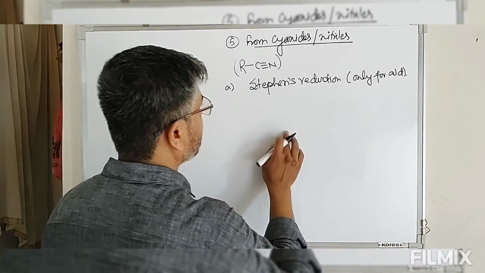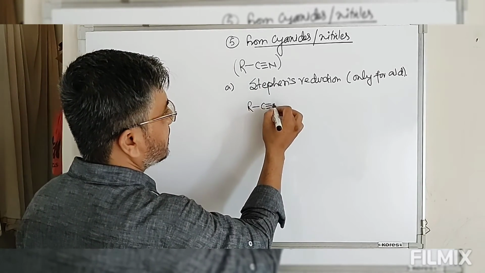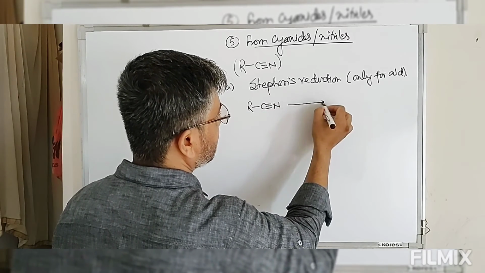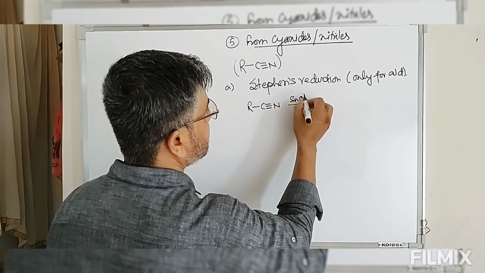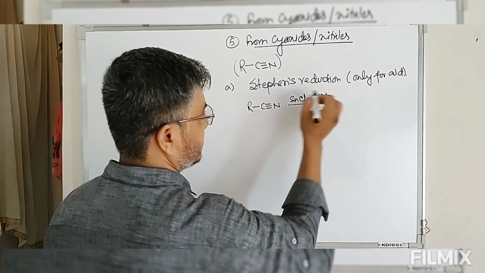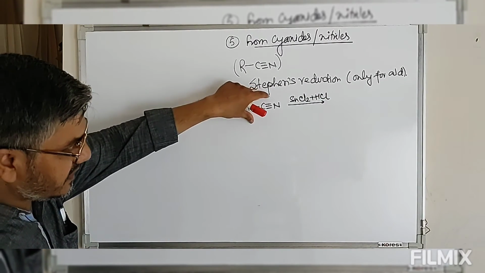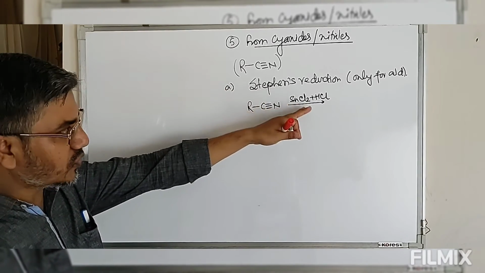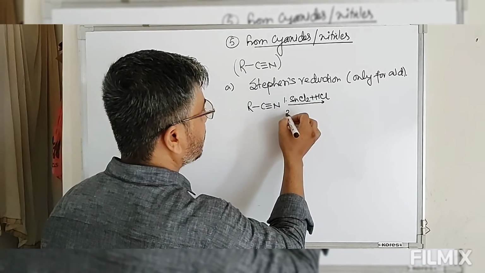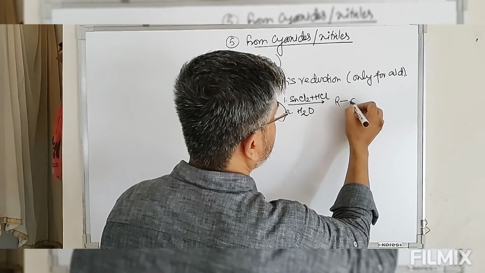So Stephen's reduction, the starting compound is alkyl cyanide. Now this reacts with SnCl2 in presence of HCl. The reaction of alkyl cyanide with tin chloride in presence of HCl followed by hydrolysis gives you aldehyde.